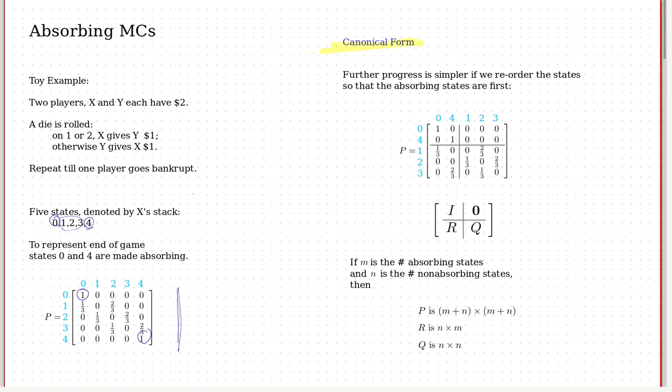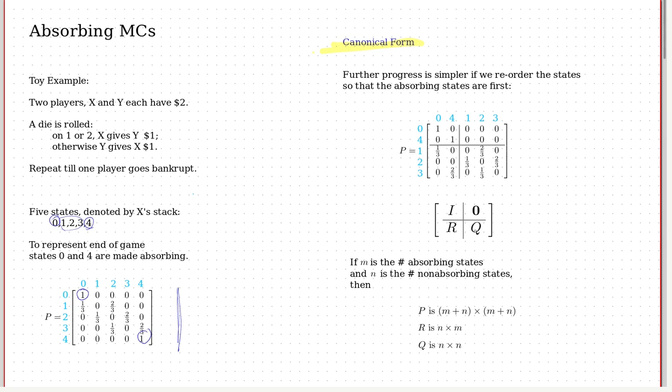Canonical form can get somewhat complicated if you're dealing with really complicated chains, where some groups of states are absorbing in the sense that once you get into that group, you can't get out, and within that group you may have further absorbing states or subgroups.